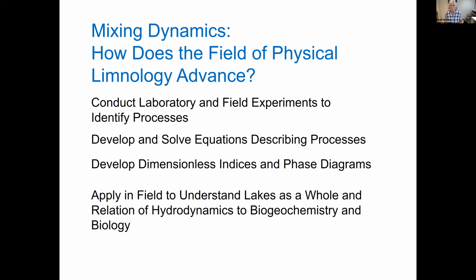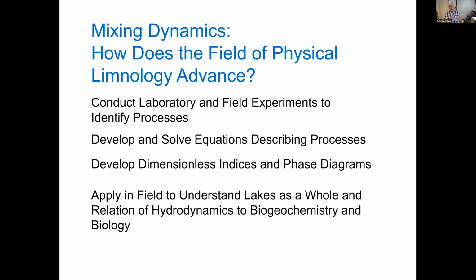Okay, so how does the field of physical limnology advance? Like, what do we really do? Well, we conduct laboratory and field experiments to identify processes. We develop and solve equations describing those processes. We develop dimensionless indices, meaning little indices that have no units.